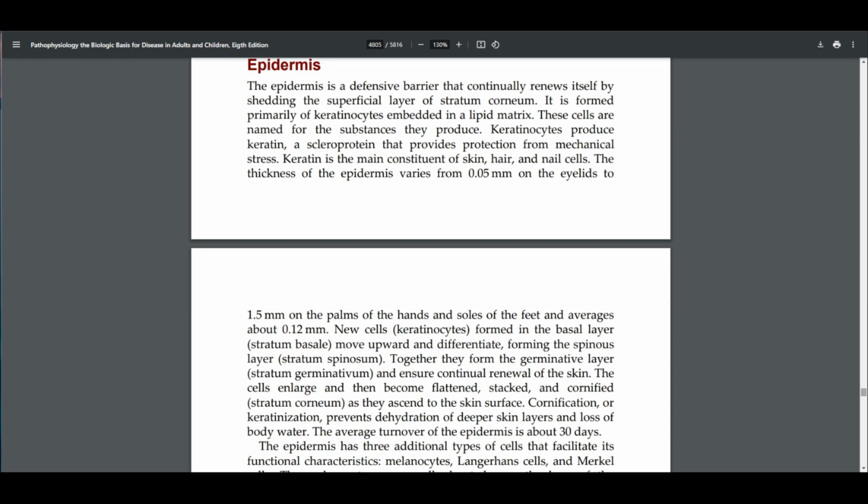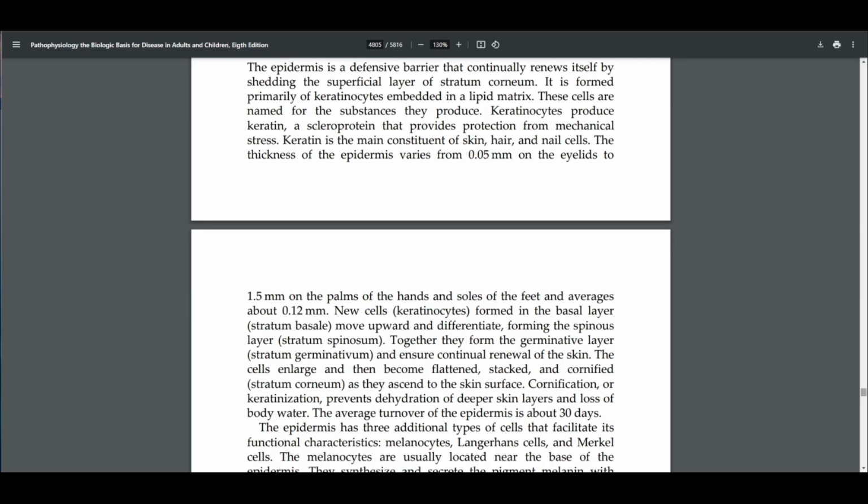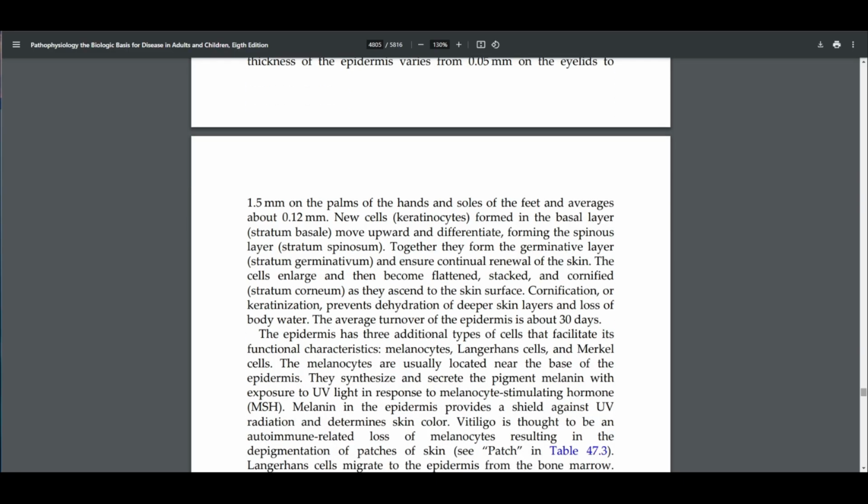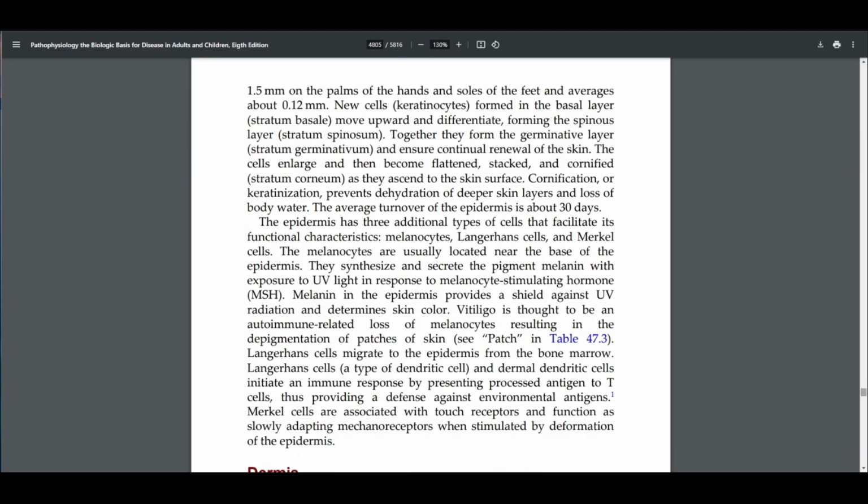The thickness of the epidermis varies from 0.05 millimeter on the eyelids to 1.5 mm on the palms of the hands and soles of the feet, and averages about 0.12 mm. New cells formed in the basal layer move upward and differentiate, forming the spinous layer.